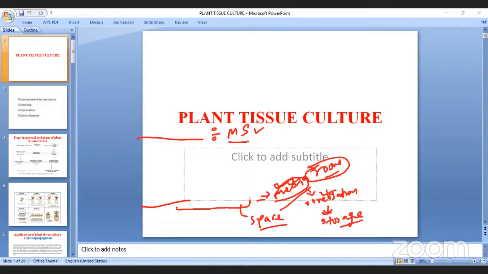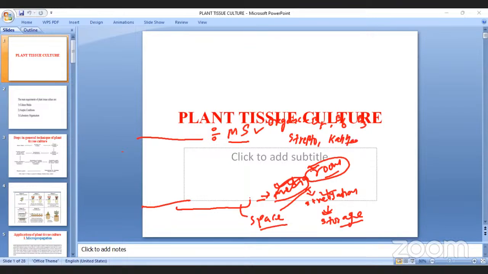The nutrients may be organic or inorganic. On the organic side, there are vitamins like B1, also called thiamine, pyridoxine, and nicotinic acid B3, and antibiotics like streptomycin and kanamycin.